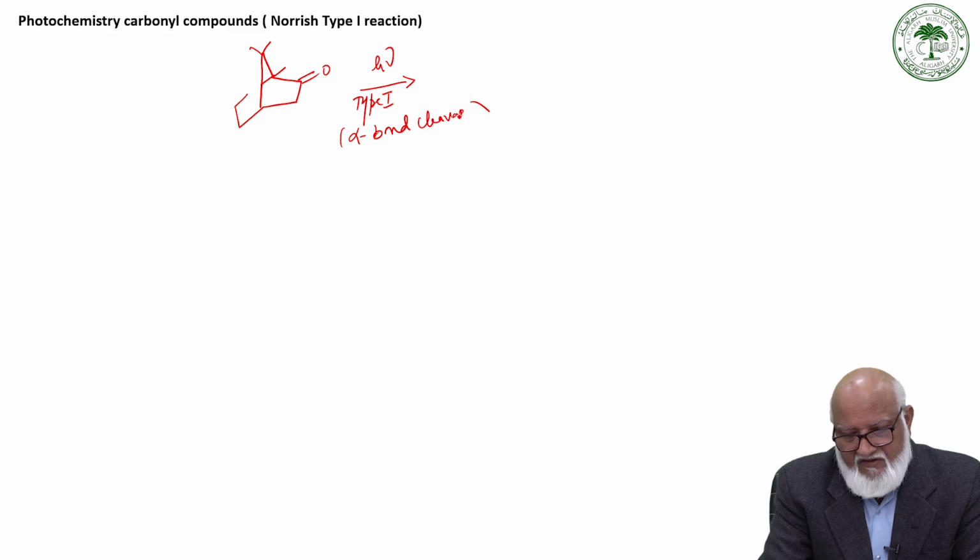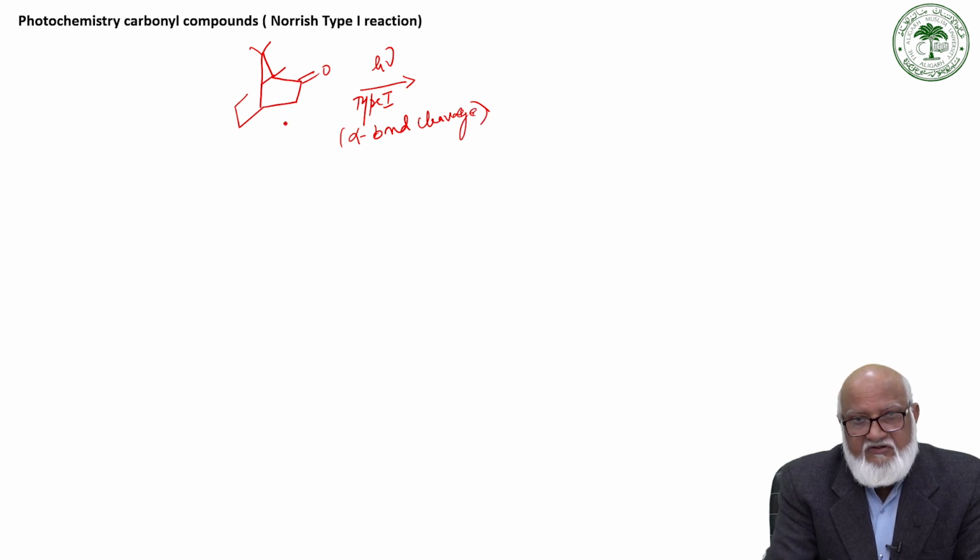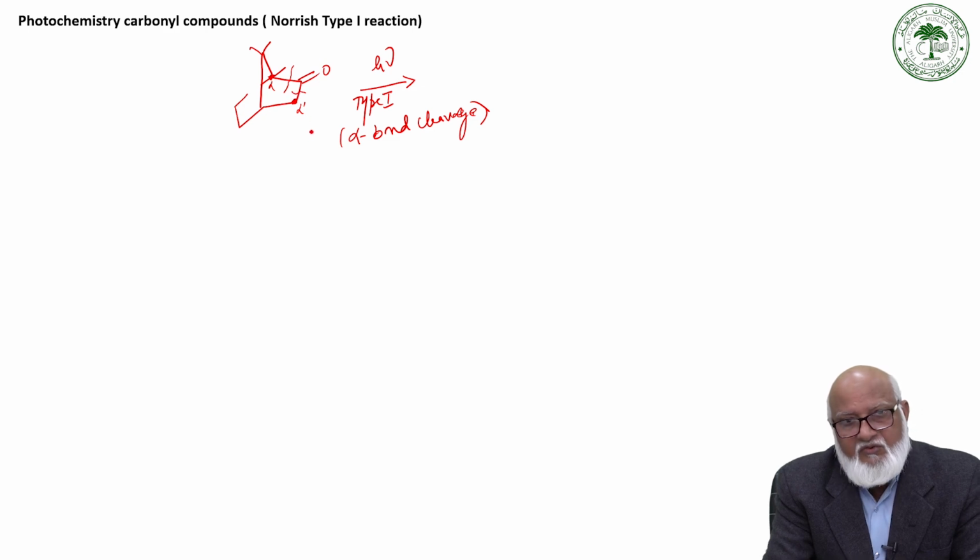And if the alpha carbon is substituted, then it has to undergo preferential cleavage. So these are the two alpha carbons, alpha and alpha dash. If we cleave this alpha bond, we are going to end up with a tertiary carbon centered radical. If we cleave this alpha bond, it is going to give a primary carbon centered radical, as there are two hydrogens here.